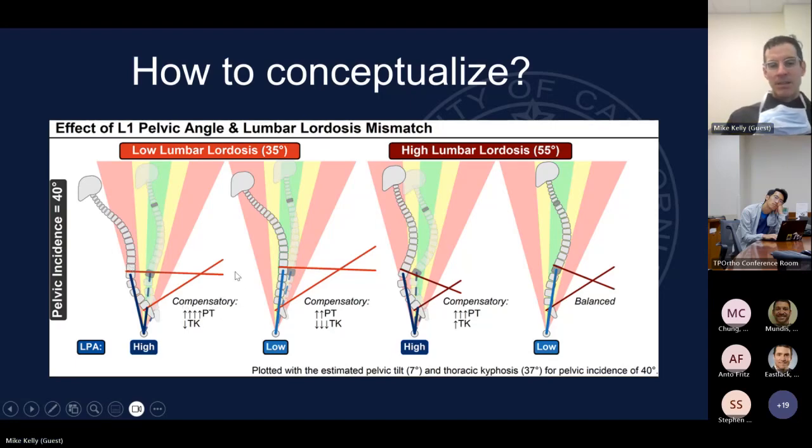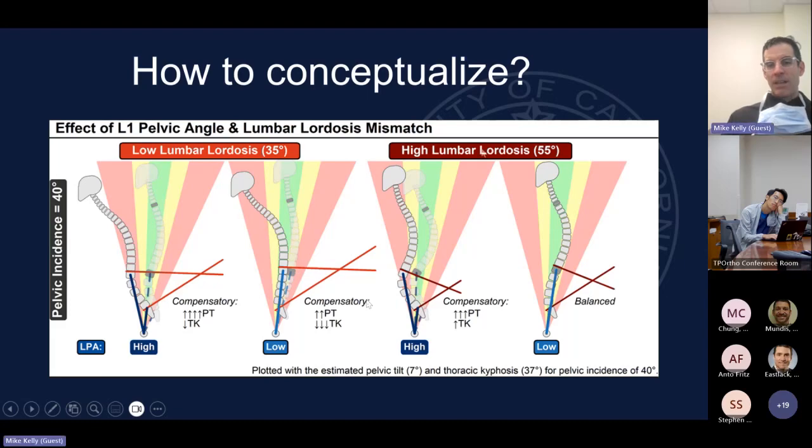If you only put it low, but you're still flat, your L1PA is still going to be too high, and they're going to need to retrovert their pelvis and again extend their thoracic spine. Now you'll see them come to your clinic and they'll be extending their thoracic spine and the hips will be out here and you're like, oh, they have horizontal gaze, I nailed it, but it's not true. Really pay attention to the pelvis.